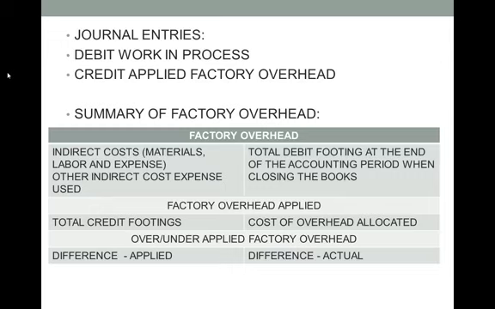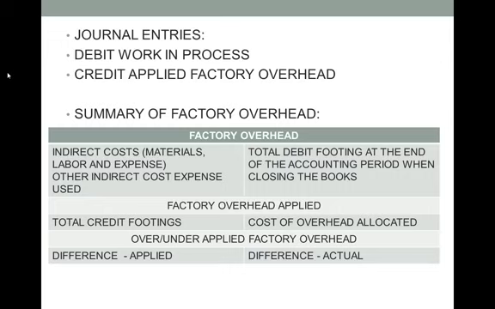And then on the credit side of factory overhead, the total debit footing at the end of the accounting period when closing the books. Next, factory overhead applied: total credit footings, and then cost of overhead allocated.